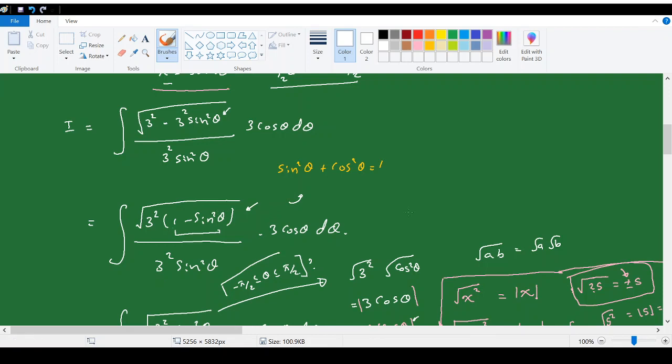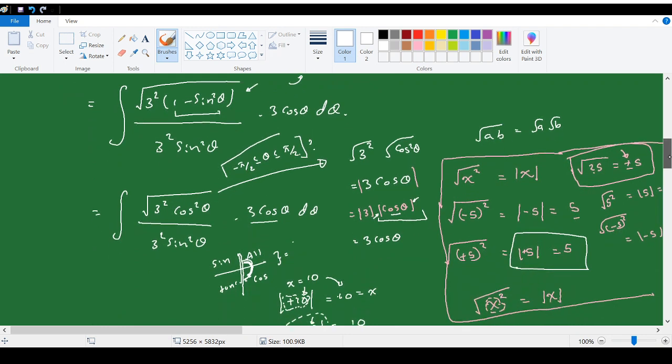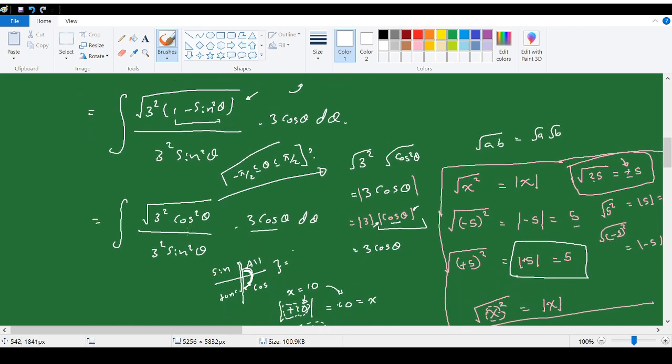And once that trigonometric identity is being used, we will have a squared cosine term or a sine term, right? So since this square is inside the square root, we should be able to write everything without a modulus sign, because when we have a modulus sign, things will be much more complicated and very difficult to handle, right?